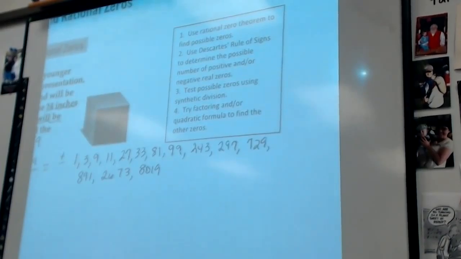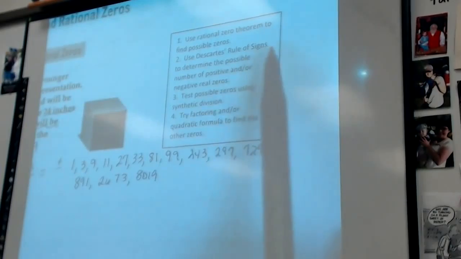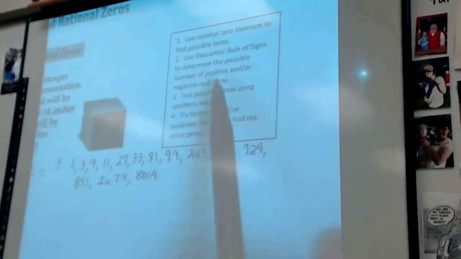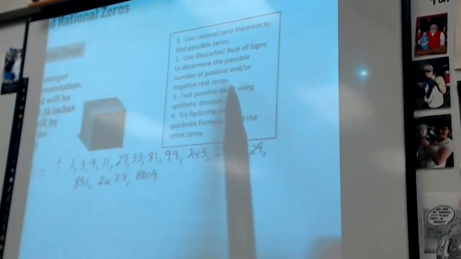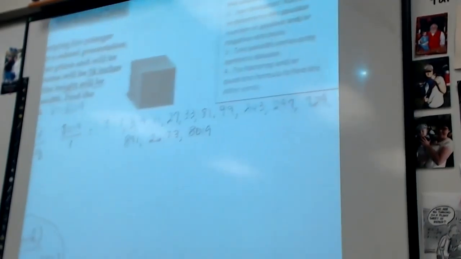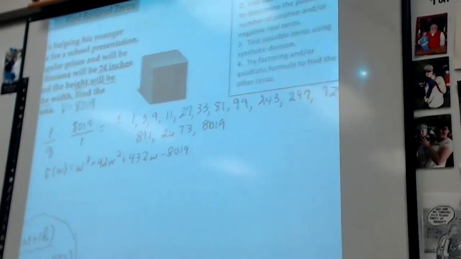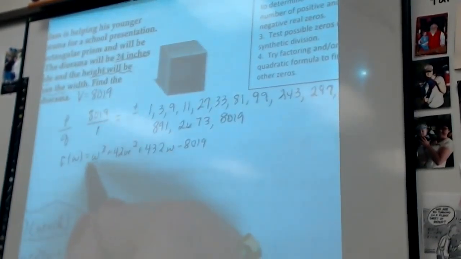All right. So that's step 1. Step 2, use Descartes' rule of signs to determine the possible number of positive and or negative real zeros. So I'm just going to rewrite my function. W cubed plus 42W squared plus 432W minus 8,019. So count my sign changes.